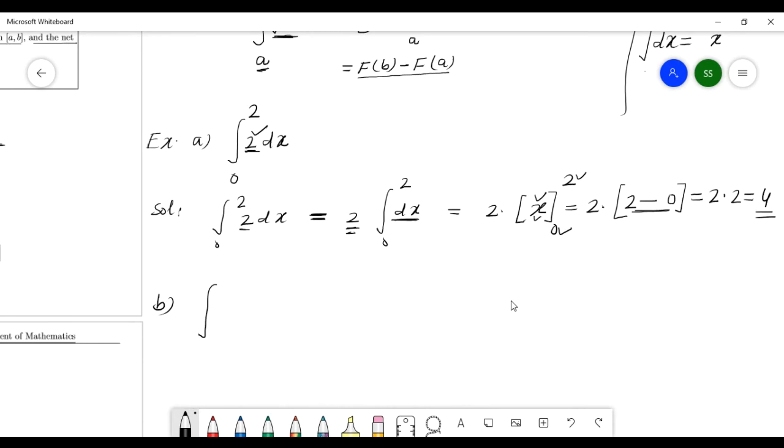And here are the two limits, 0 and 2. First put the upper limit, x equals 2, so here x equals 2. And then subtract, putting x equals 0 here. So this is 2 minus 0, that is 2, and here the constant 2. 2 times 2 equals 4.